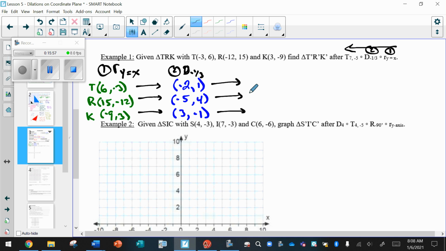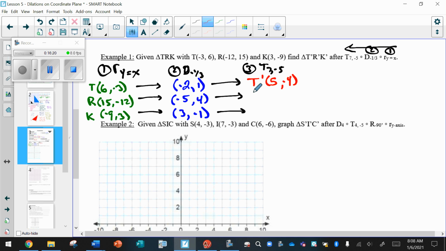Now, the third piece to this would be the translation of (7, -5). So that means you're going to take each x value and add 7, and each y coordinate and subtract 5, and that'll give us our final values for our points. So for t, we'll end up with (5, -4).